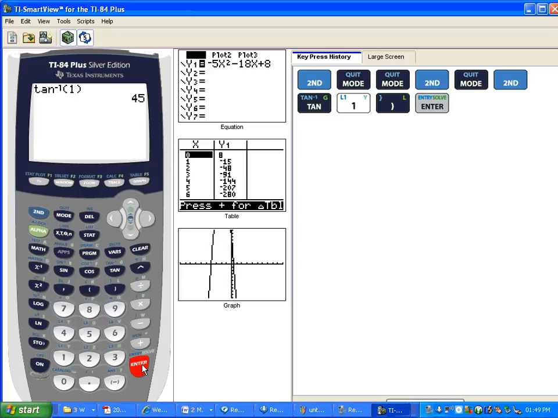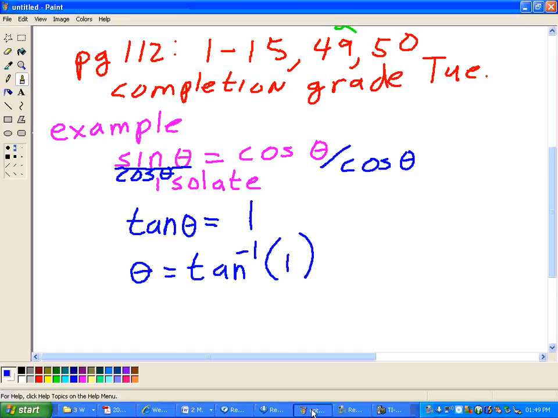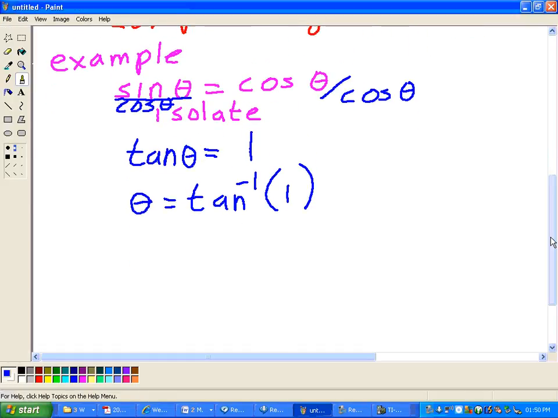What if it's the negative cosine? I'll do one like that in a minute. Every time I do this, there are actually 2 different answers.